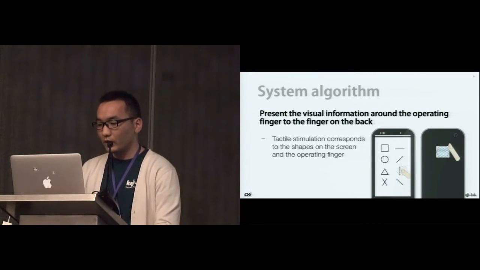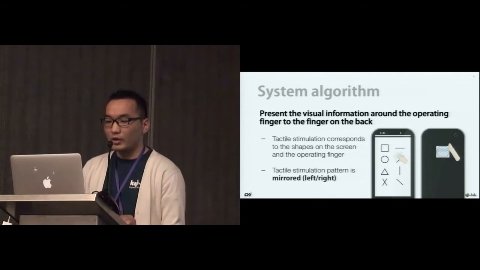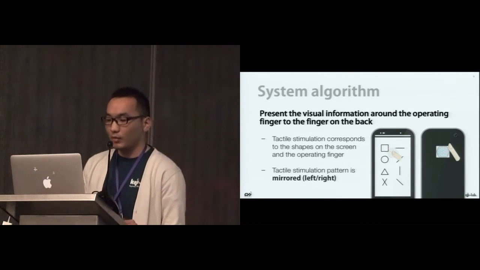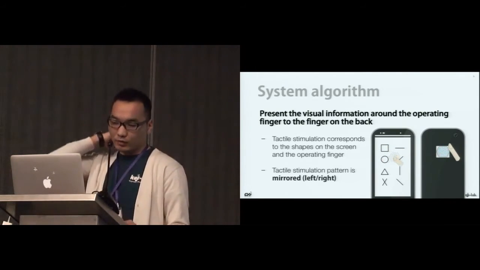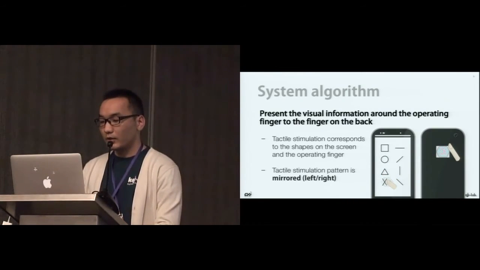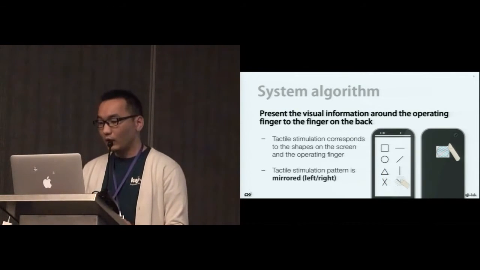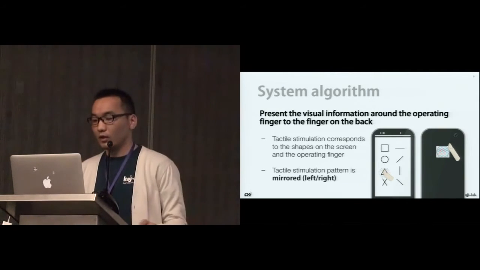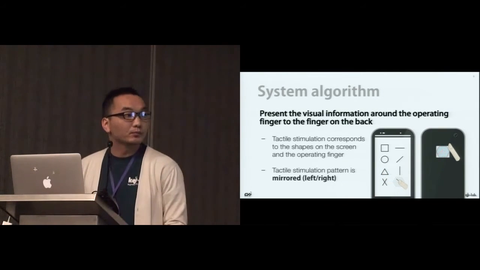The screen image and tactile image are mirror images of each other because the tactile display faces in the opposite direction from the touch screen. As you can see in the video, the operating finger moves on the touch screen, and the finger on the back feels that movement.